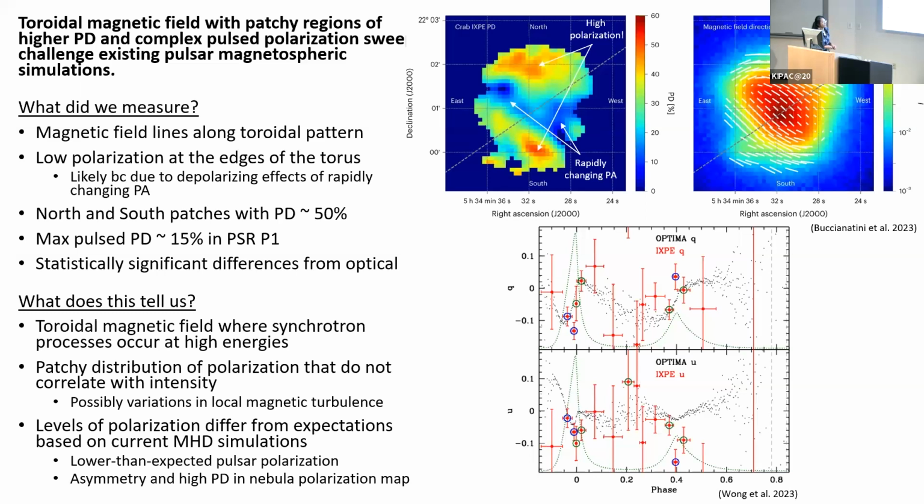But I would expect that if synchrotron radiation is the reason that we're seeing this polarization, it would be a similar polarization angle. And rapid, by rapid, you mean seconds or days or years? Yeah, so by rapid I mean spatially. It's rapidly changing spatially, as opposed to in time.